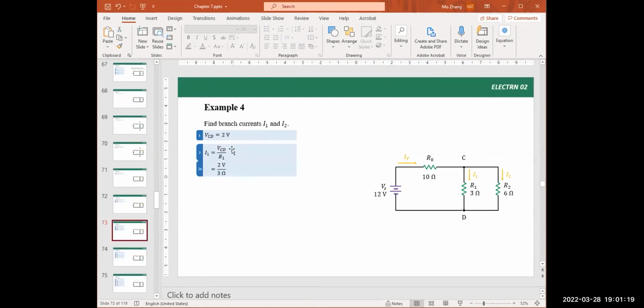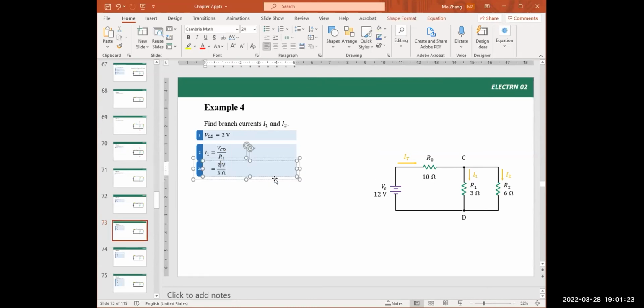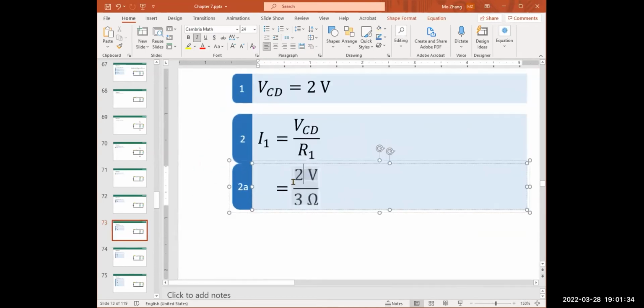There. And then plug in numbers. VCD is 2 volt, obtained from example 3, and the R1 that is given is 3 ohm. So it's 2 over 3, 2 volt divided by 3 ohm. Don't worry about the unit. It just causes confusion.